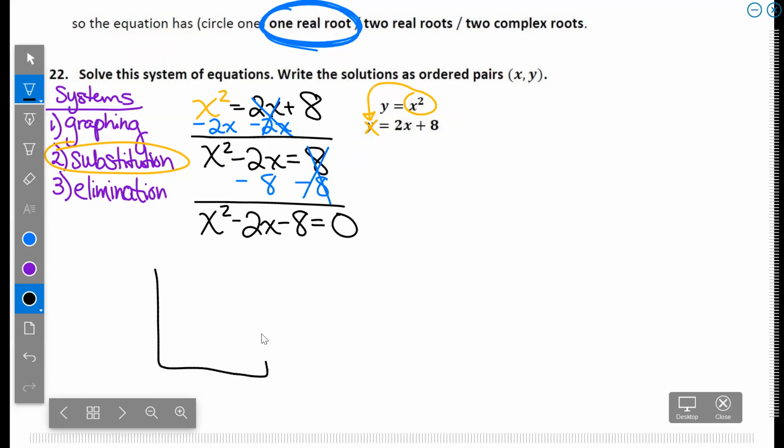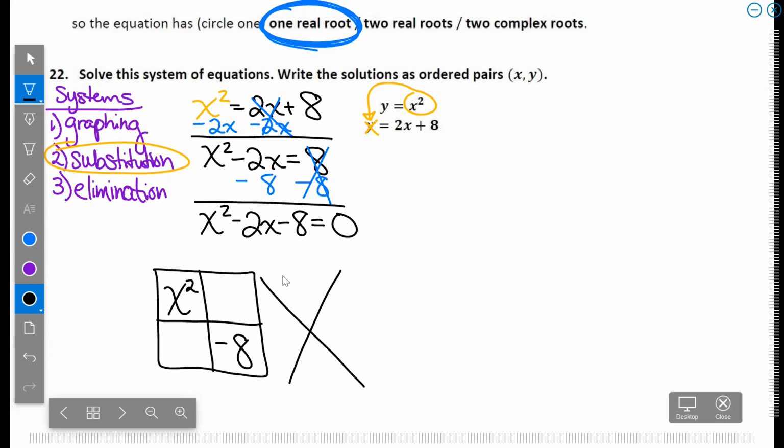We're looking for solutions, so I'm going to do the x and the box. So I have x squared -8. I multiply a and c together, so 1 times -8. I need 2 numbers that multiply to give me -8, but when I add those same 2 numbers, I get -2. What will do that? -4 and +2.